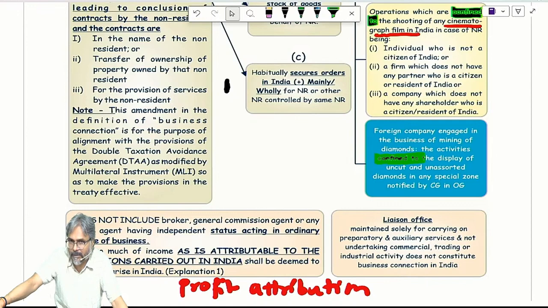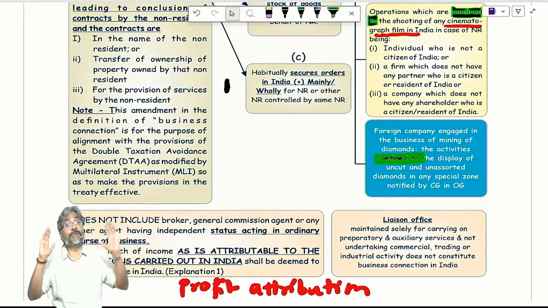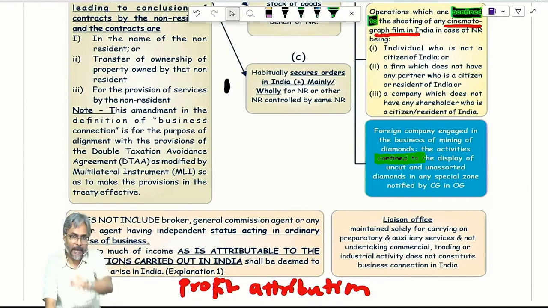In the first booklet, number 1, the agent in India is considered as a representative assessee. Just write one sentence of that. What is the meaning and what is the implication? The dangerous meaning and implication you will learn in one topic.